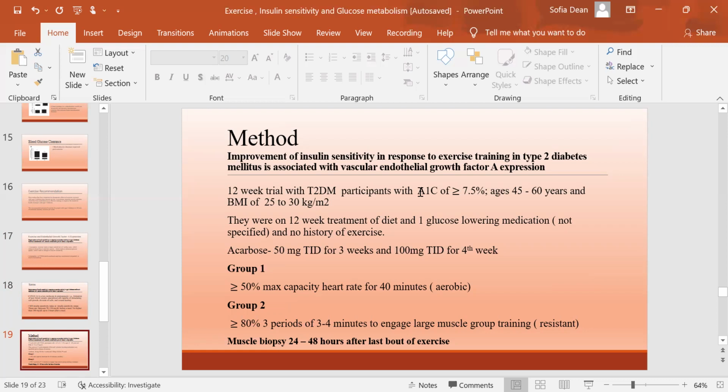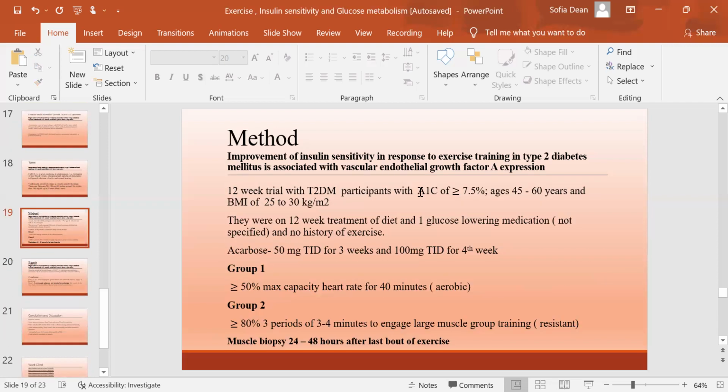They were given a treatment of acarbose, which is a form of glucose lowering medication. They were given 50 milligrams 3 times a day for 3 weeks, and 100 milligrams 3 times a day from the 4th week. So there were 2 groups. Group 1 had to exercise at greater than or equal to 50% of maximum heart rate capacity for 40 minutes.